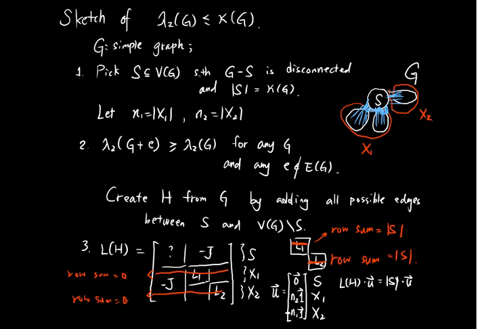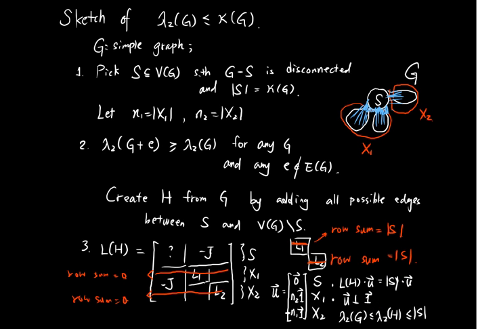This is the first fact. The second fact is u is orthogonal to 1. So in conclusion, lambda 2 of G is less than or equal to lambda 2 of H by the observation, and less than or equal to s, because we found an eigenvector which is orthogonal to 1, and the corresponding eigenvalue is s.